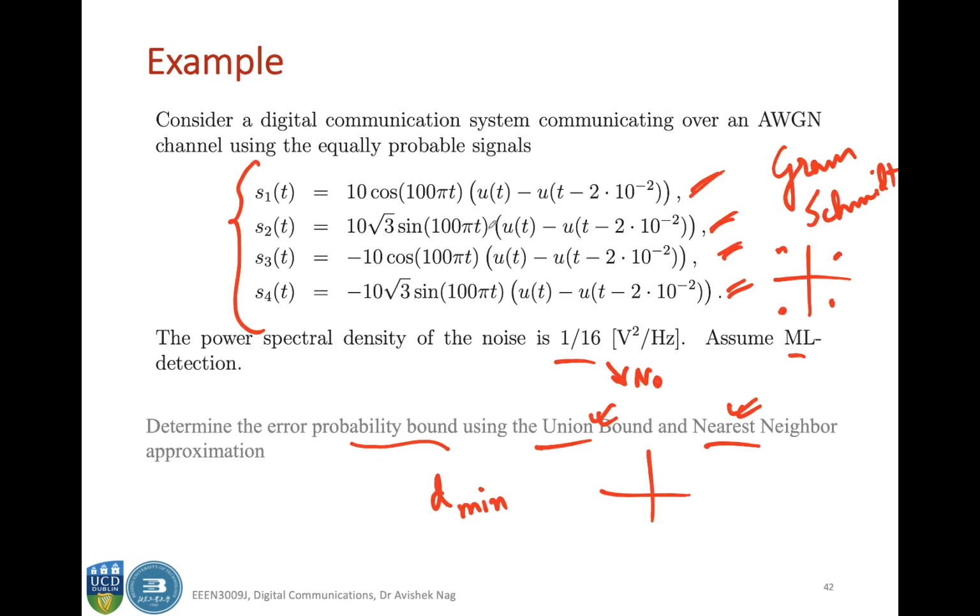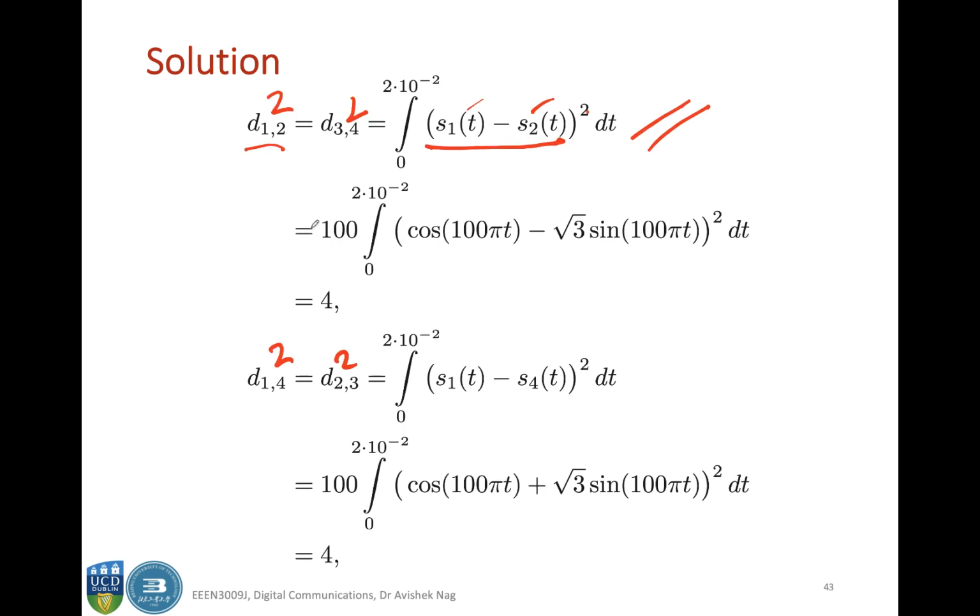S1 and S2 are these, and S3 and S4 are just the negative of S1 and S2 respectively. So S3(t) is minus S1(t) and S4(t) is minus S2(t). Therefore the distance between 1 and 2 is the same as 3 and 4, and that counts as 4. So this distance D12 equal to D34 is 2.